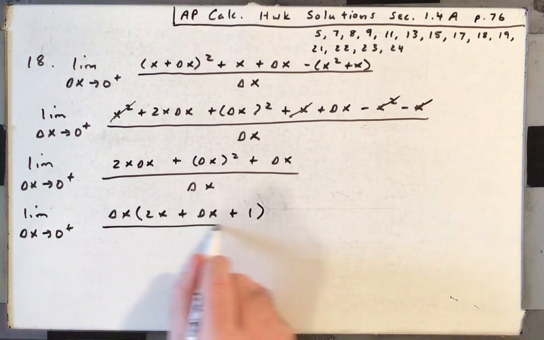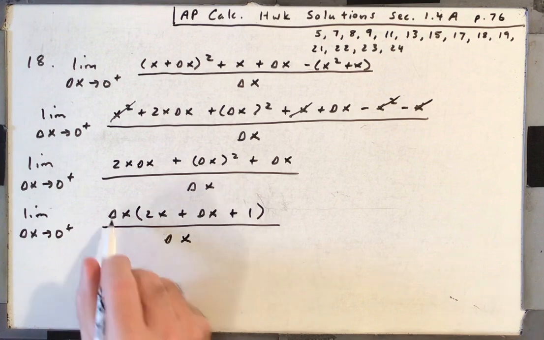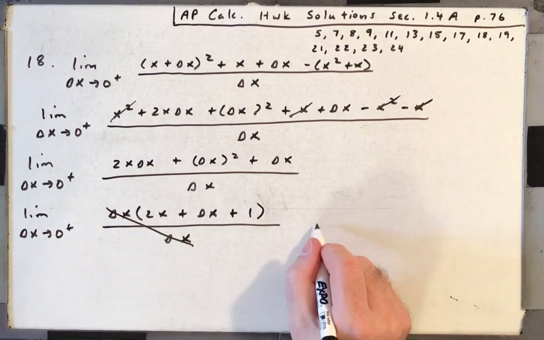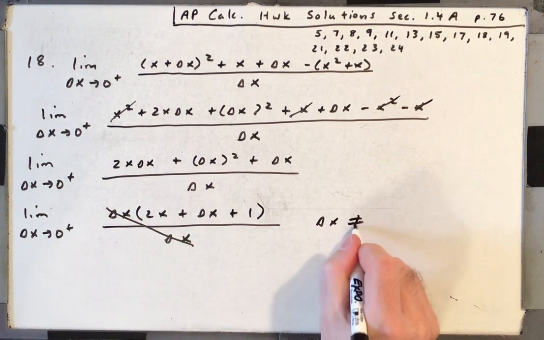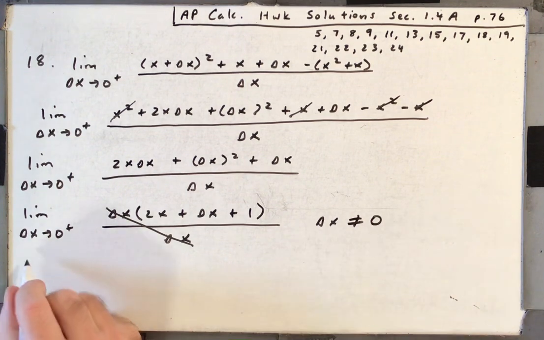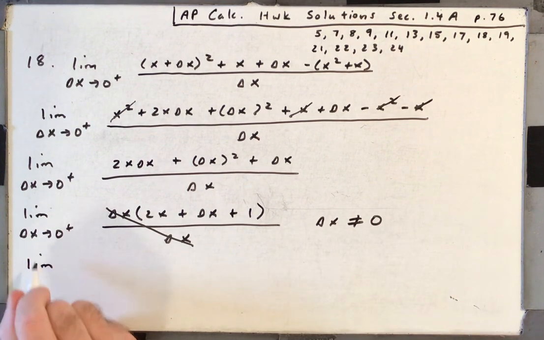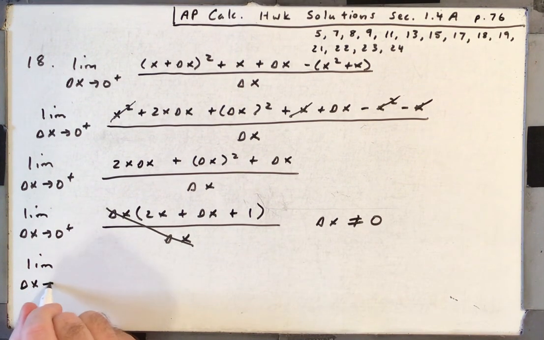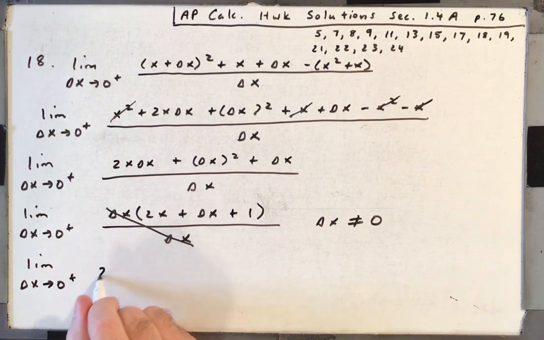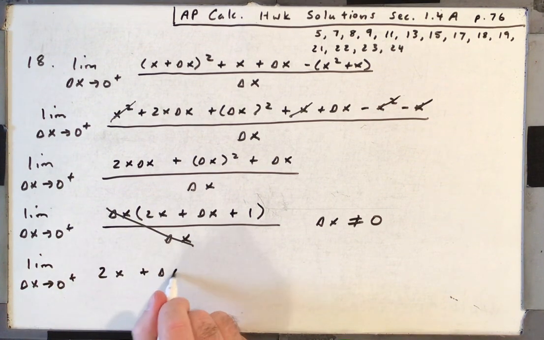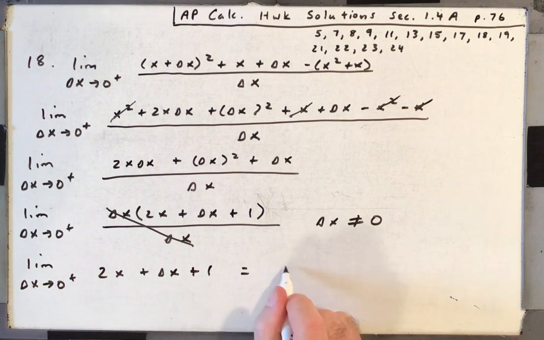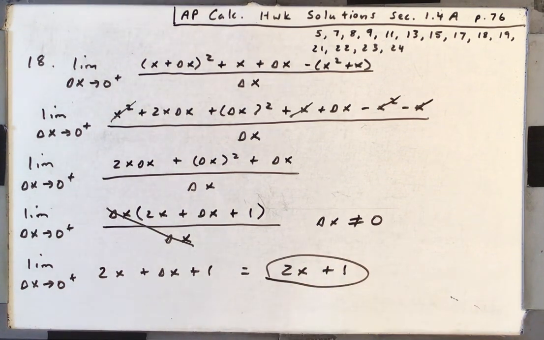That does not go away. Over delta x, we can cross that out as long as delta x does not equal 0, right? And then finally, we are ready to plug in 0 of 2x plus delta x plus 1, and that equals 2x plus 1.